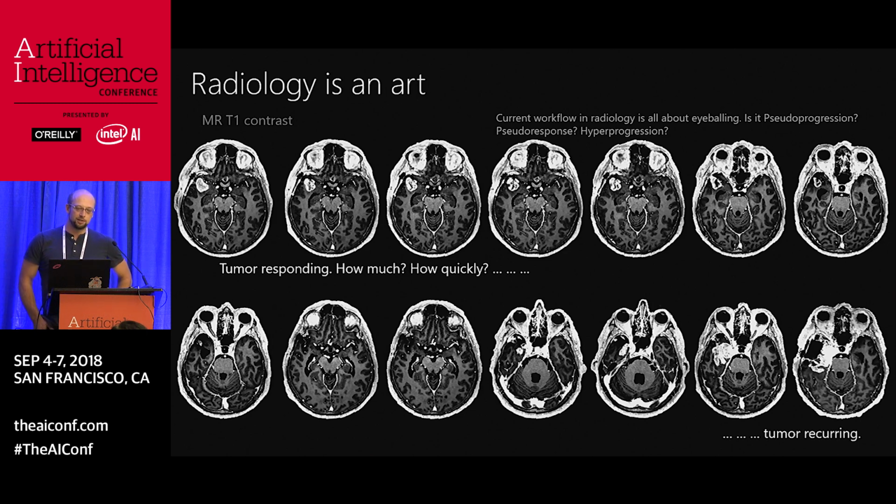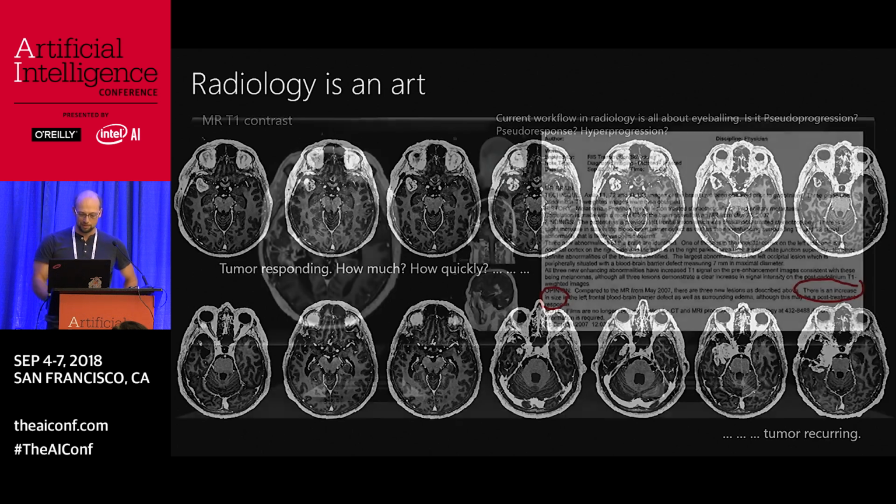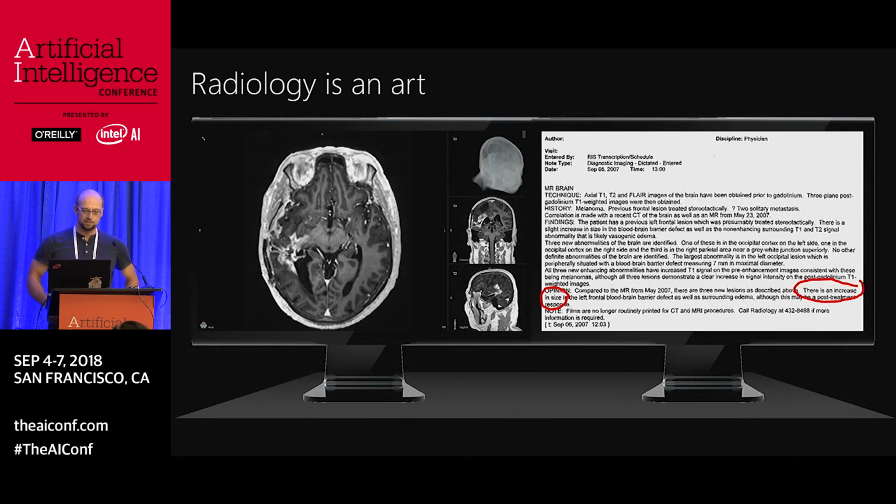The problem is that with the current set of tools, there is very little that they can do in terms of quantifying the change of the disease. It's not even common for someone to take a look at the prior exam, not to say about 10 prior exams, and compare them. So literally what happens is that a radiological report would look somewhat like that.